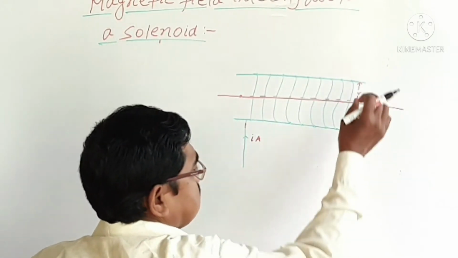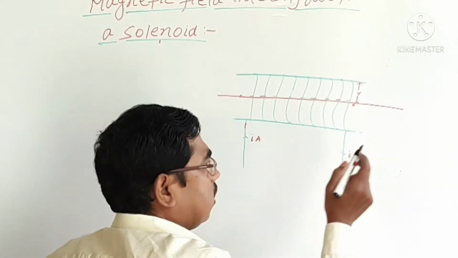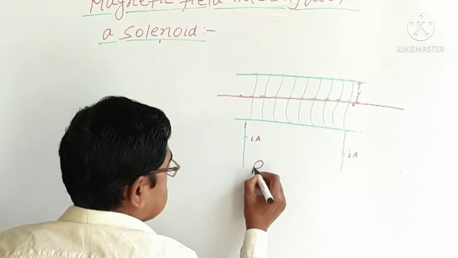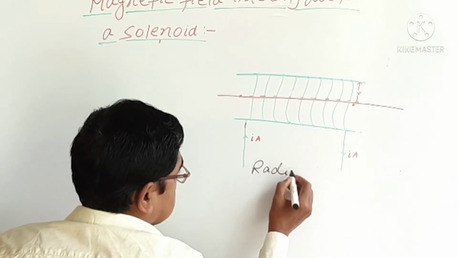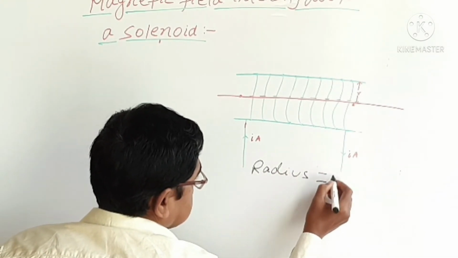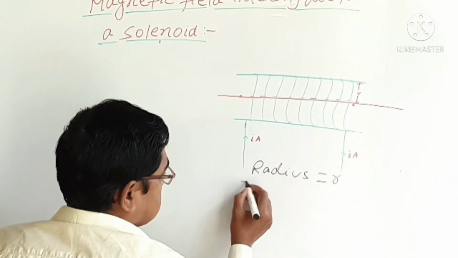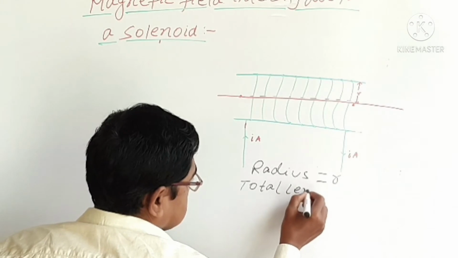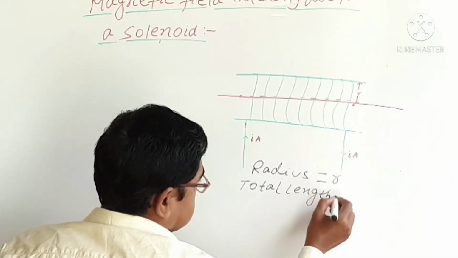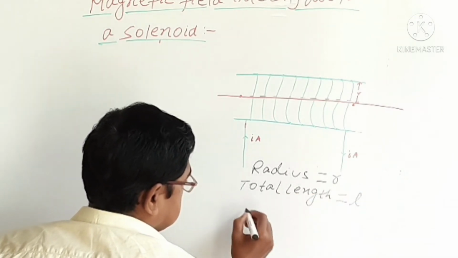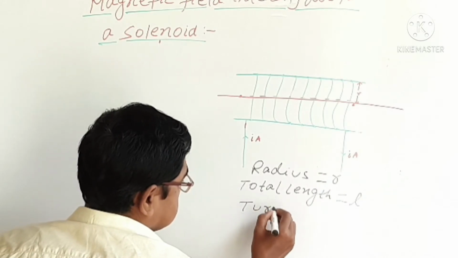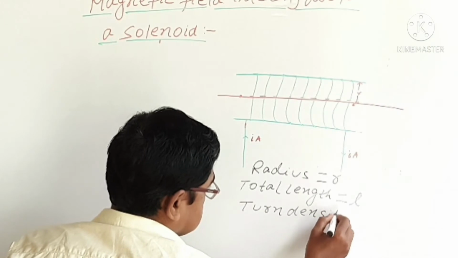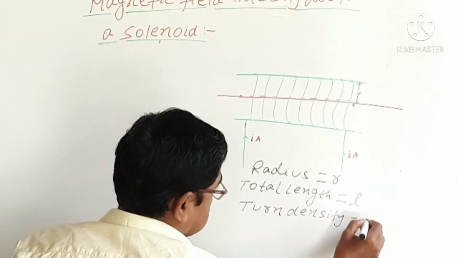The radius of this solenoid is R. The total length is equal to L. The turn density is equal to n.